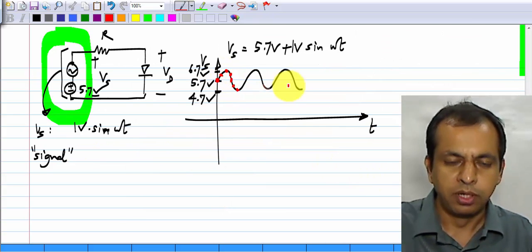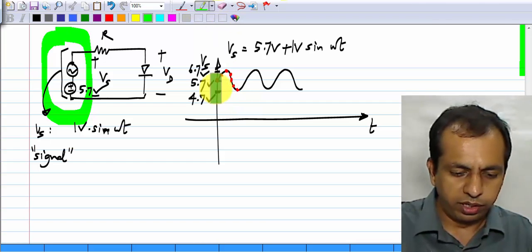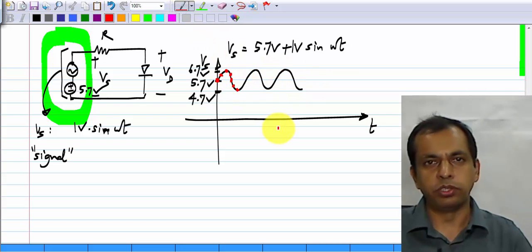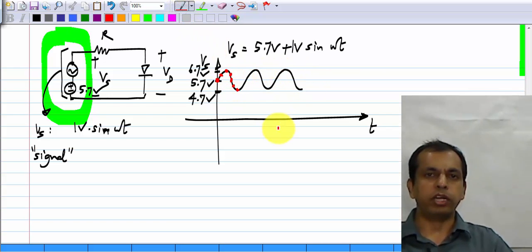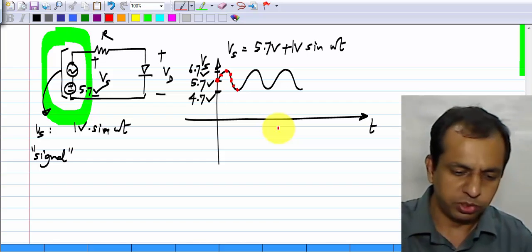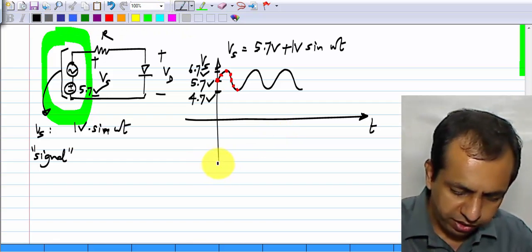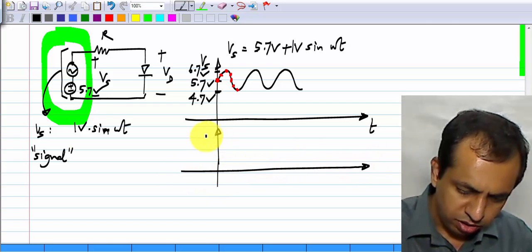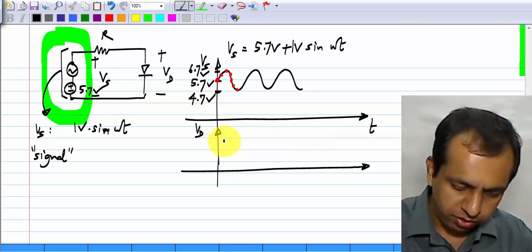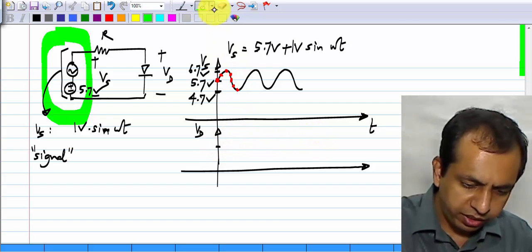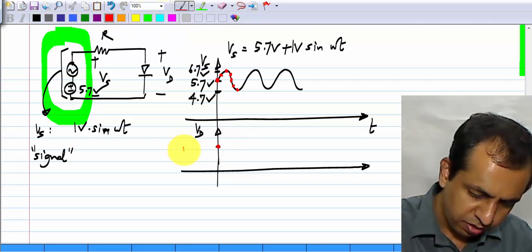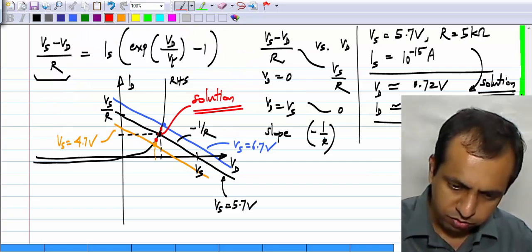It is extremely cumbersome, and you can feel that to get a reasonable plot, you have to take many points in this cycle. Okay. So, first of all, finding the solution for each point is very tedious, and doing it for so many points, this is just next to impossible. Okay. So, you can find VD like this in principle. Okay. We know that value of VD when the input is 5.7, that is about 0.72 volts.